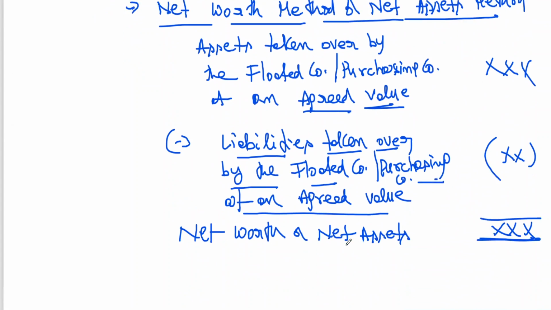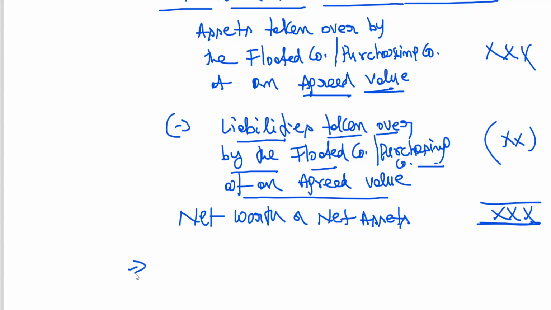This is the first method. The second method is lump sum payment method, or we can say net payment method. I think that will be easy.